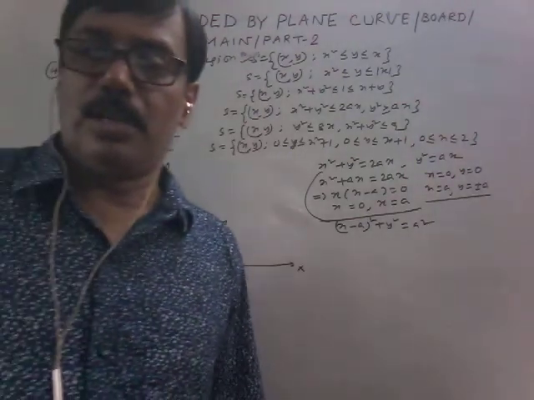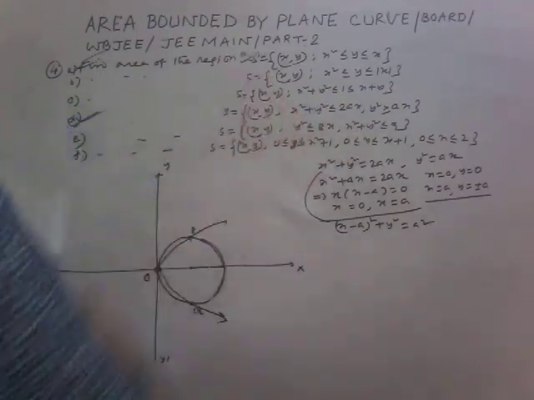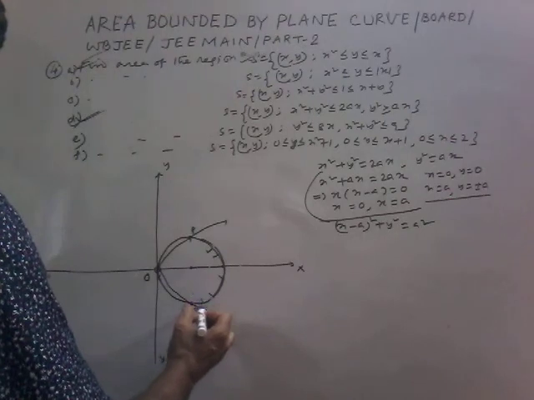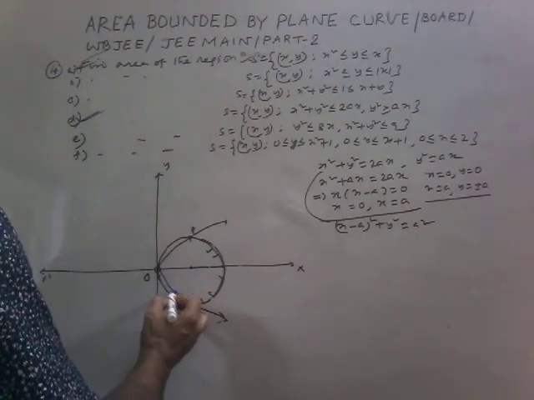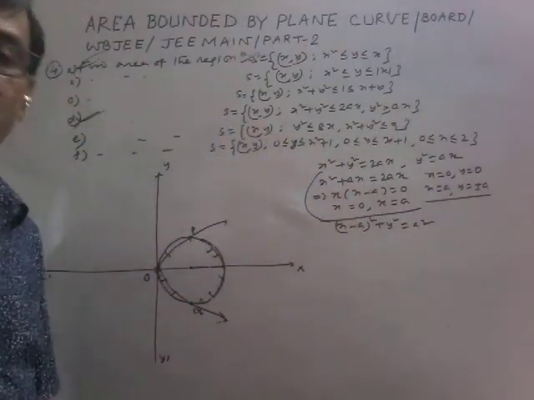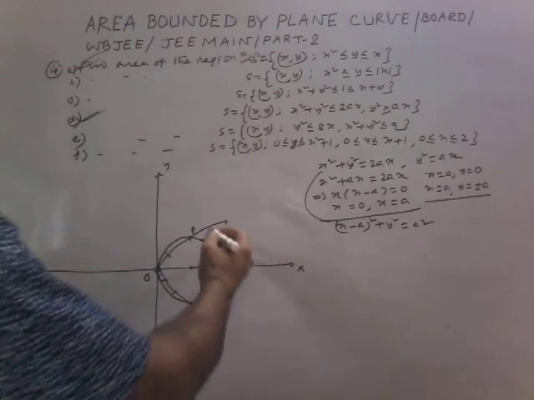So this is our figure. Now from the inequation, lesser than or equal to ax means inside the parabola, or greater than or equal to ax means outside, inside the circle and outside the parabola.